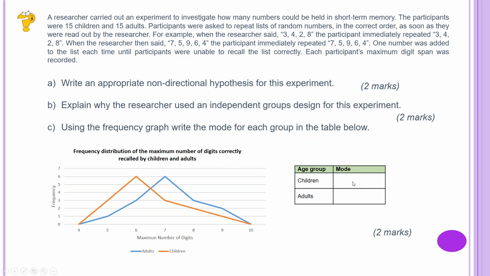So obviously the answer is 6 for children, and for adults it reaches its peak at 7, so the answer is 7.